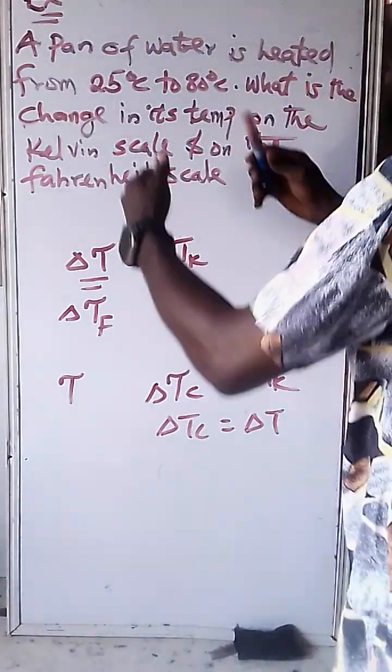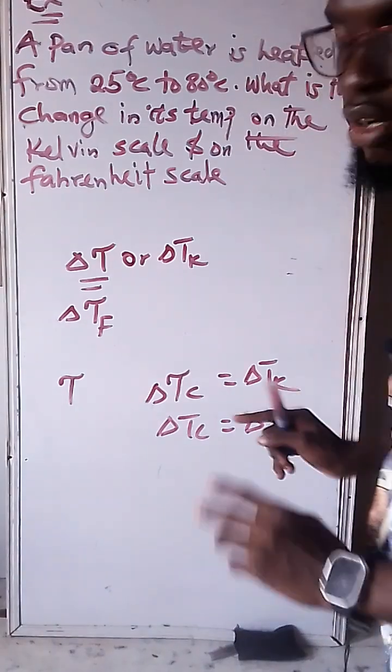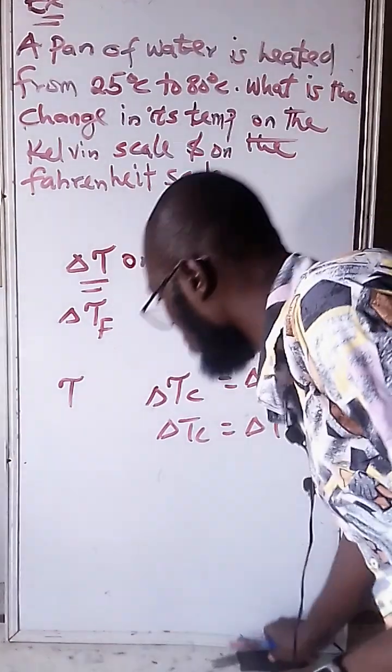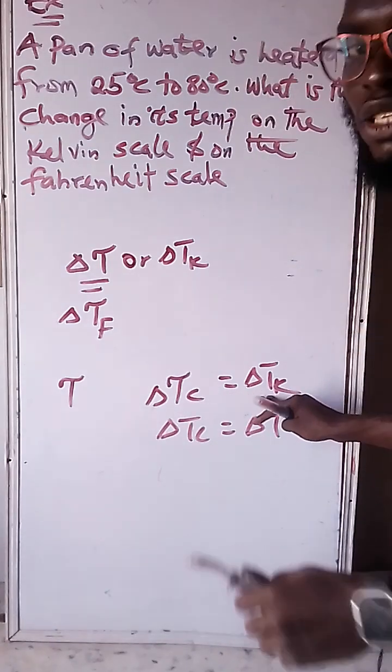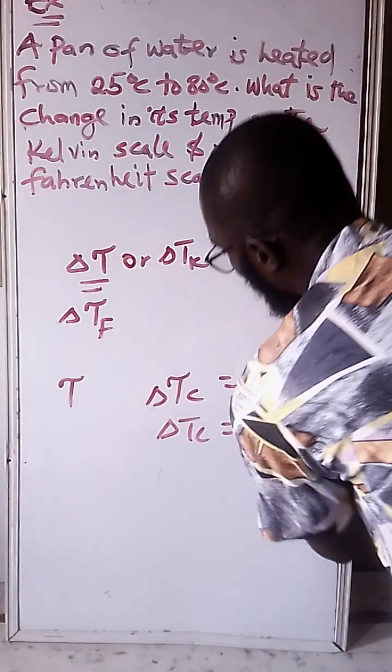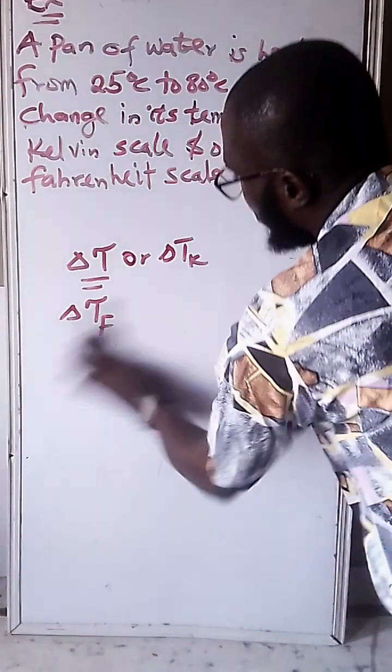So when you subtract them, you will get change in T or change in TK. Whatever you get for change in TC is still the same as change in TK. You don't need to calculate anything else here.